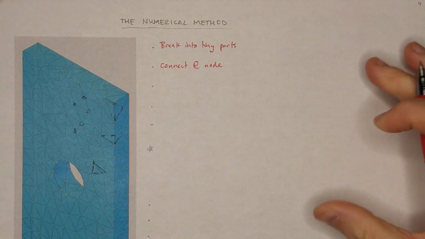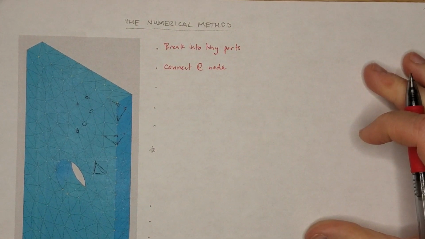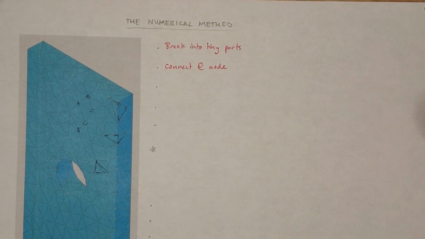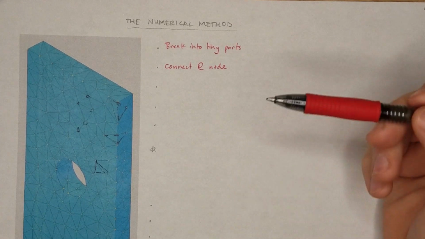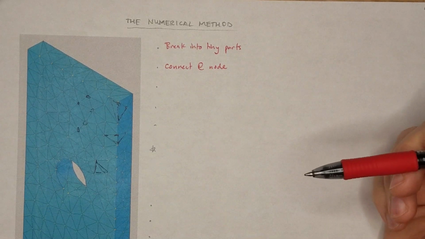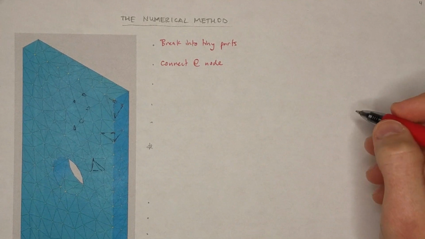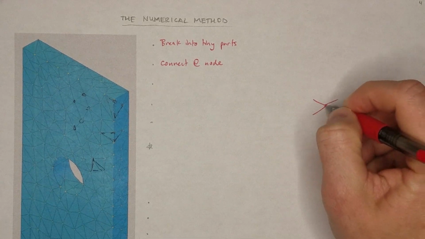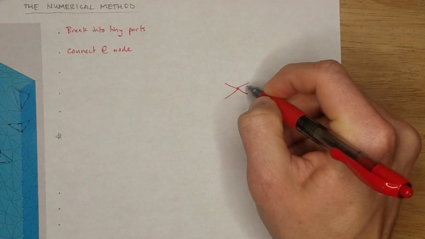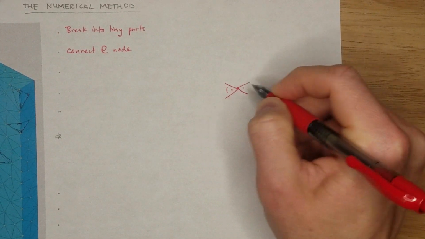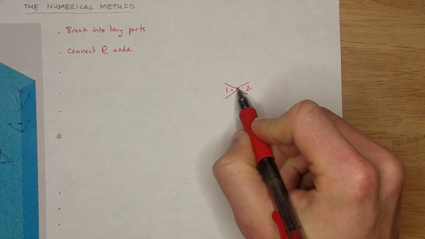Now, why do we care about that? Why do we need to know, okay, great, they're all connected? Well, the software assigns a displacement equation for each element at each node. So if I have 2 elements and they connect at a node, I have 2 displacement equations for the same physical point in space.